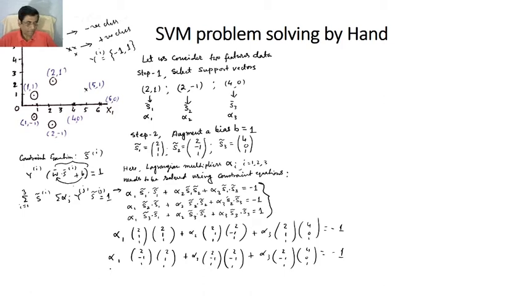And then the third equation is S3, which is now coming into the picture: (4, 0, 1) dot (2, 1, 1) plus alpha 2 (4, 0, 1).